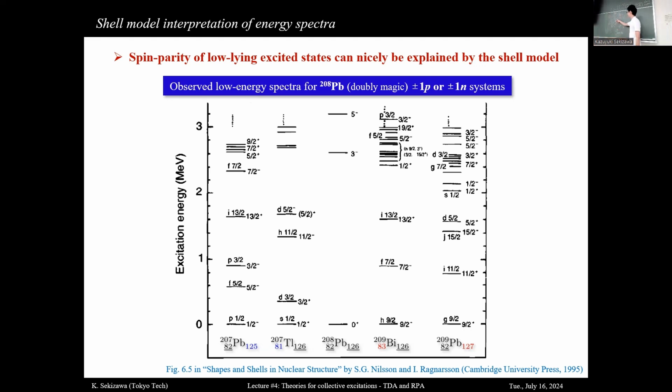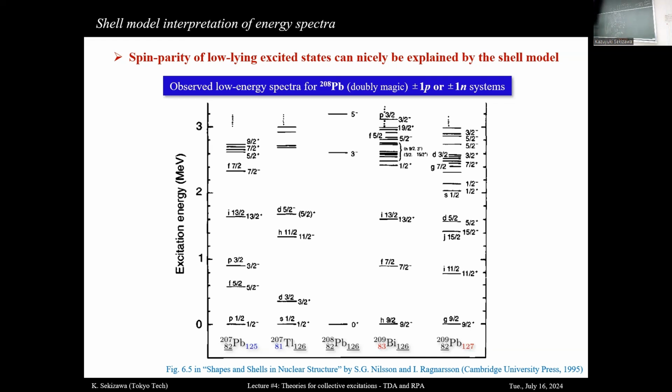And now, as a first excited state of bismuth-209, we can consider just a particle-hole excitation from this last occupied orbital to the next unoccupied orbital here. In such a case, the first excited state of bismuth-209 should have negative parity and spin 7/2, so 7/2 minus.